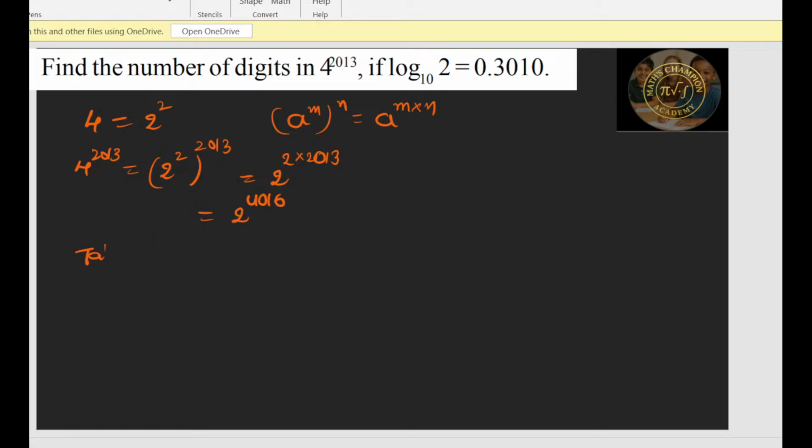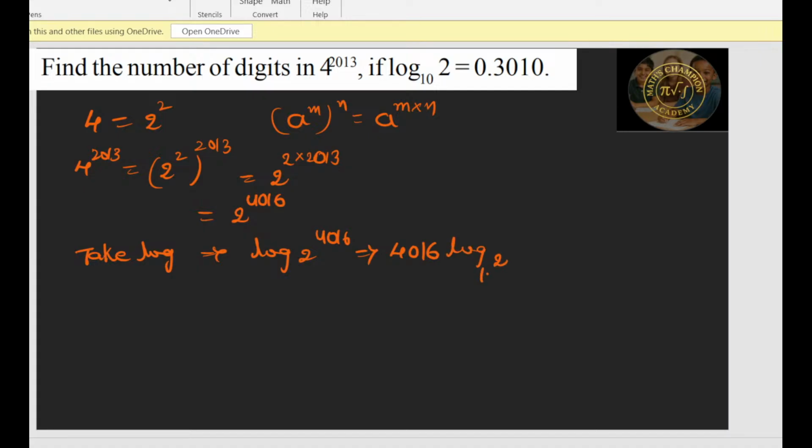Okay, so now take log on both sides. So log 2 power 4026 is equal to 4026 log 2.